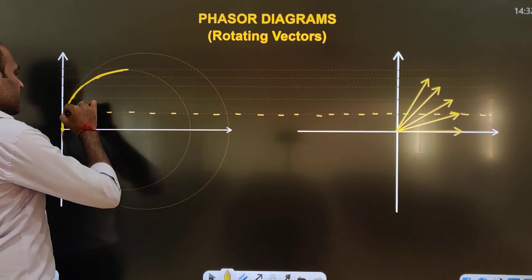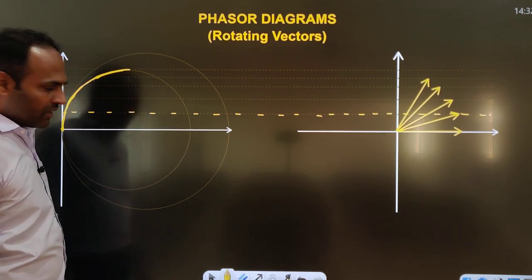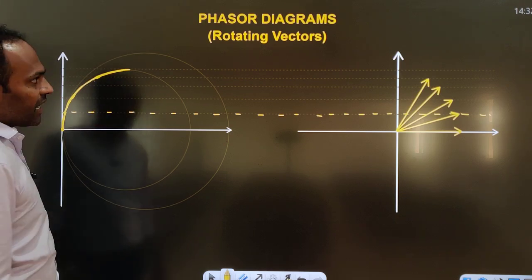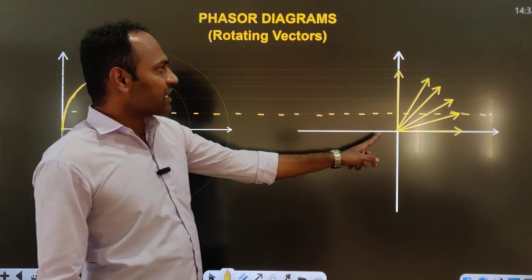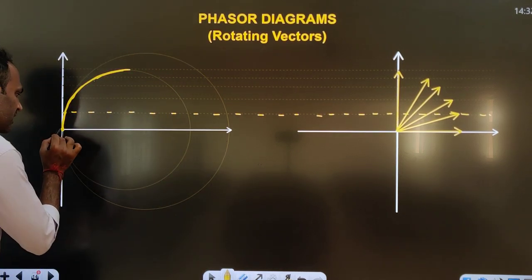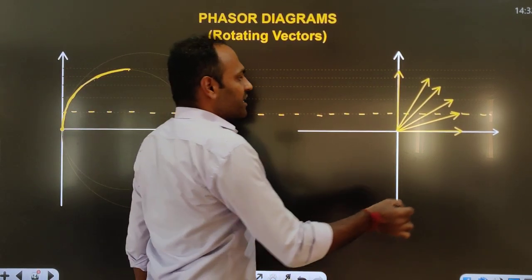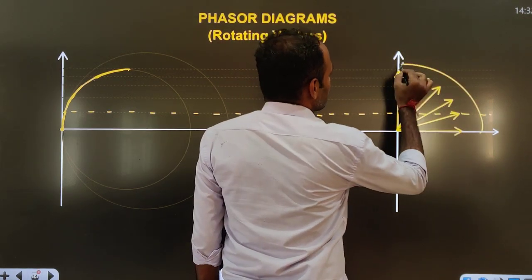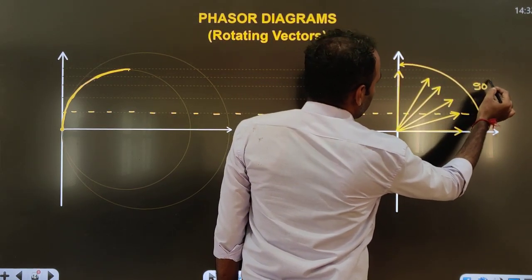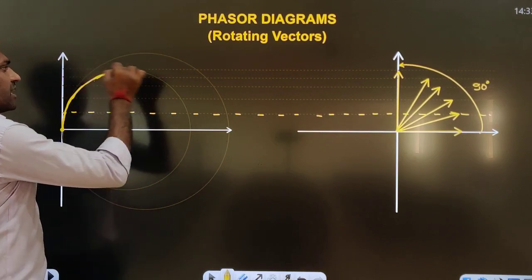Peak means the maximum value. So when it reaches the peak, at that time the vector will be exactly along the positive y-axis. So as the cycle goes from origin to the peak, the vector rotates by an angle of 90 degrees. It has rotated by an angle of 90 degrees, correct?